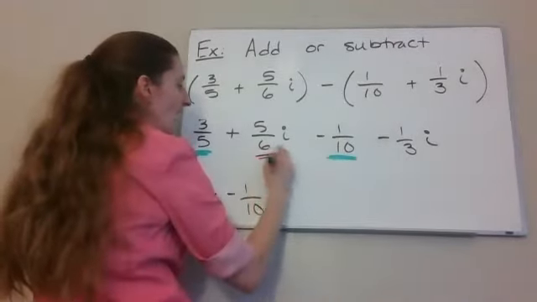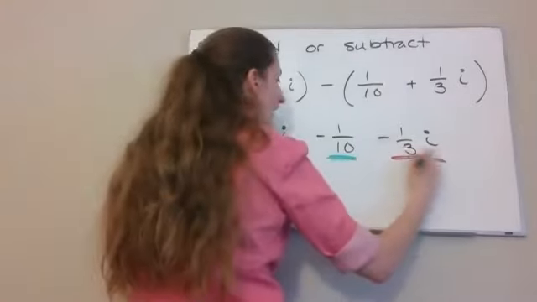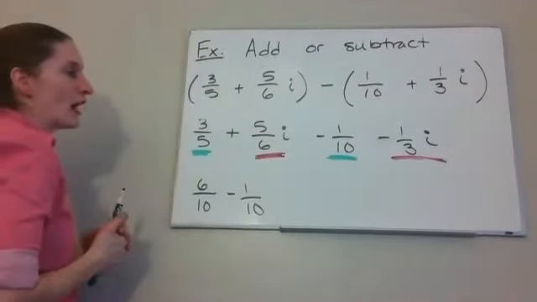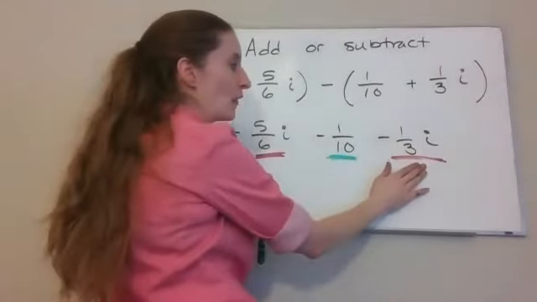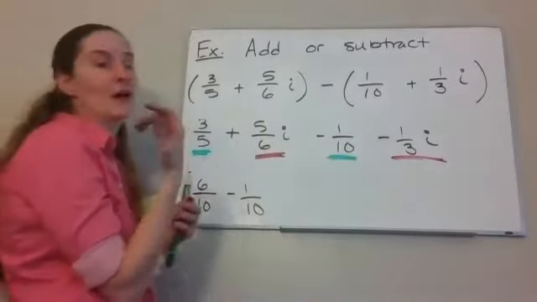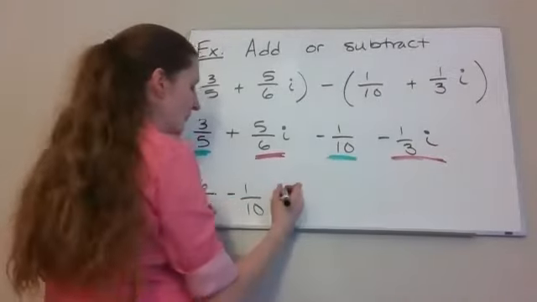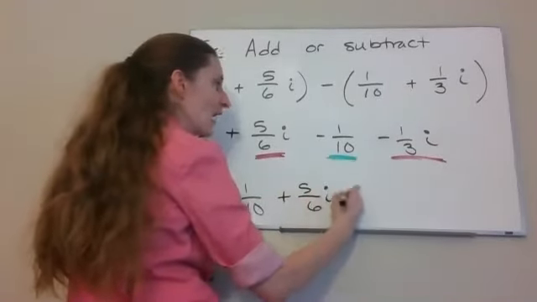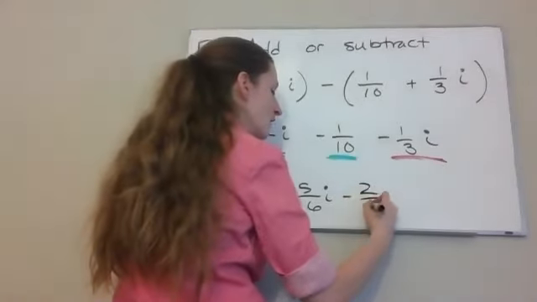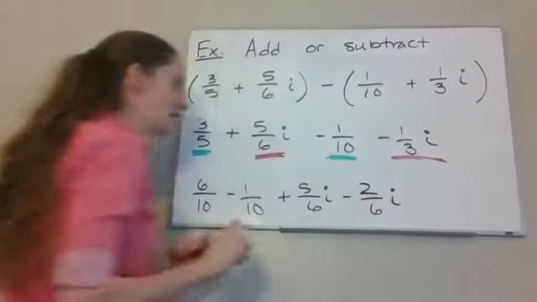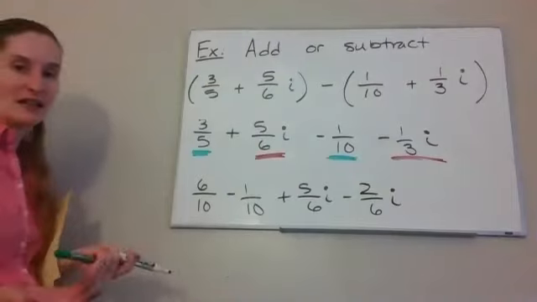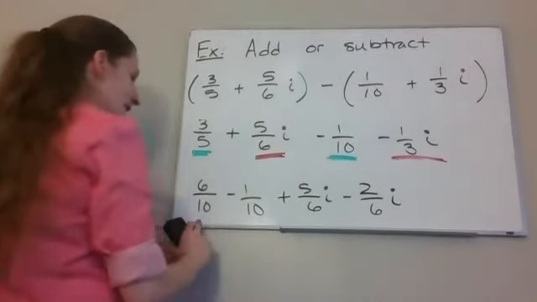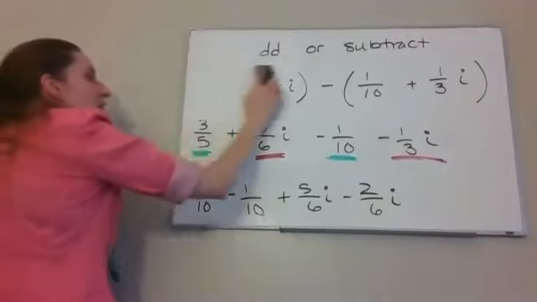Let's look at our i's. I have 5/6i and a negative 1/3i. So I'm going to have to turn this negative 1/3i into sixths by multiplying by 2 over 2. So I'm going to have a positive 5/6i minus 2/6i. And now I can combine everything together because we have common denominators. So I have 6/10 minus 1/10.